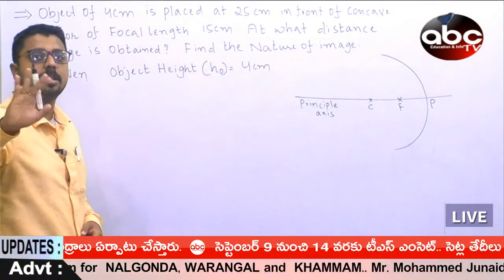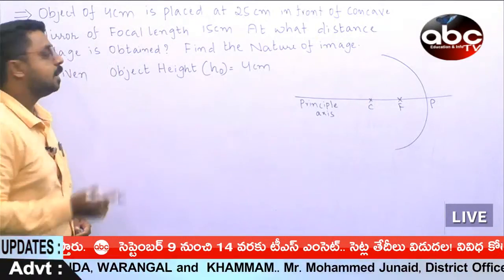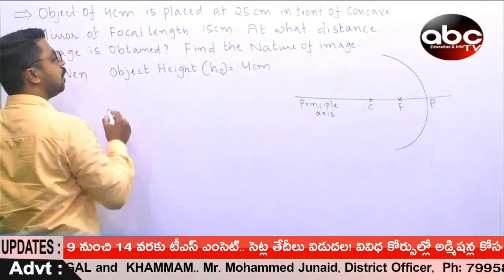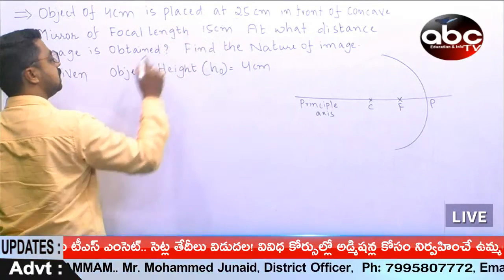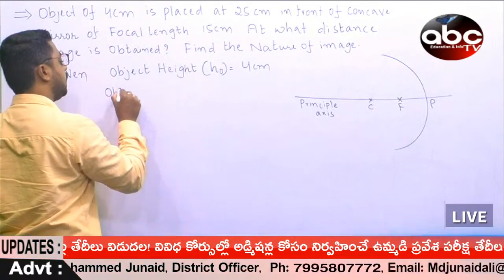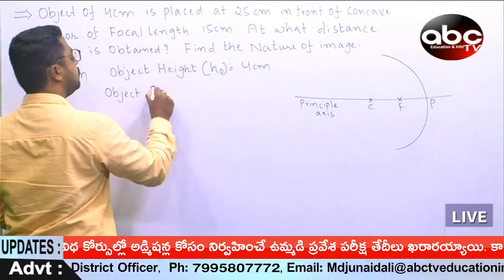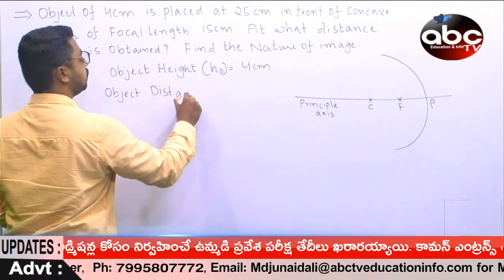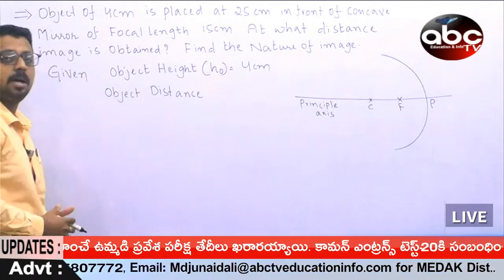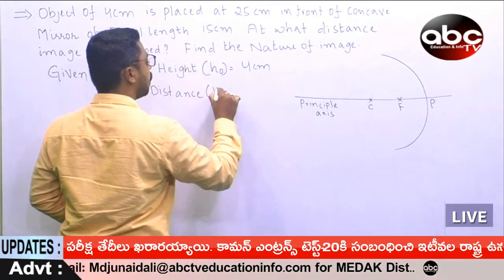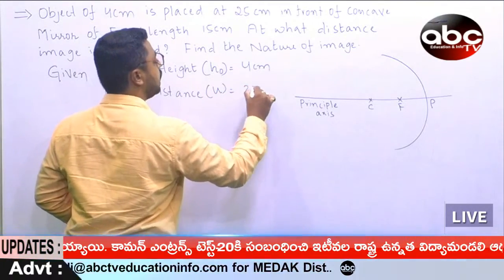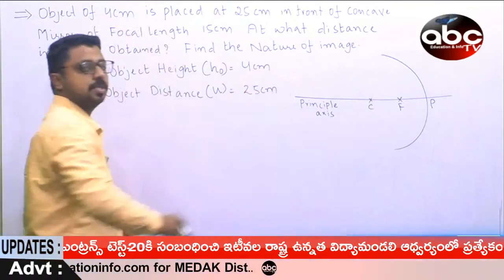Therefore the distance is 25 centimeter. That is object distance. Object distance U is equal to 25 centimeter.